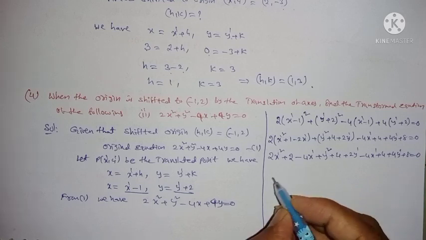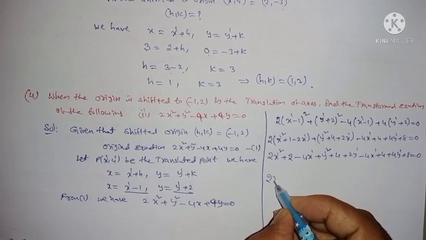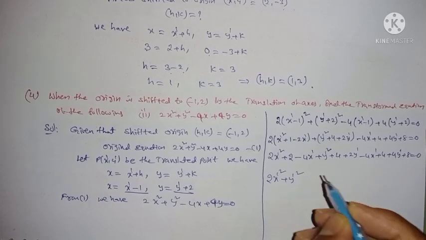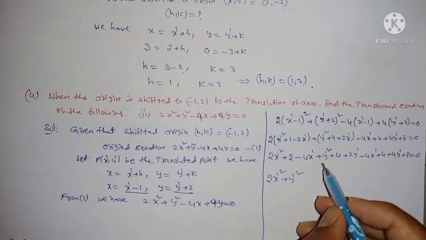You can write properly, orderly. 2x'² is the first term, and plus y'² and the x terms.